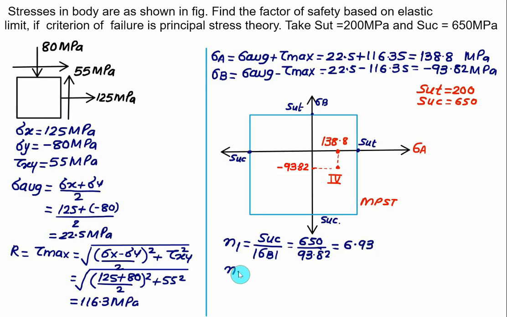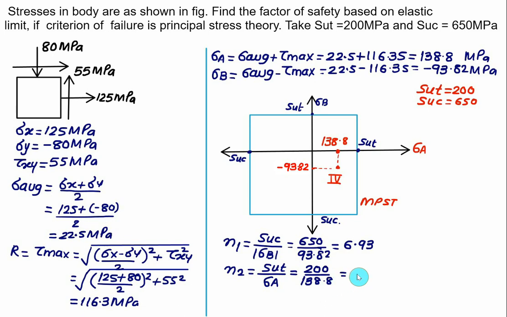The second factor of safety we calculate on the basis of SUT. This calculation you have to do for quadrant 2 and quadrant 4 only. Since SUT is tensile in nature, we divide it by the tensile stress, sigma A. SUT is given as 200 and sigma A is equal to 138.8.